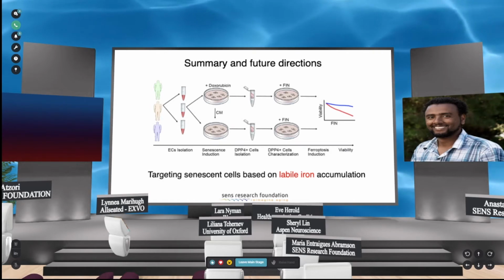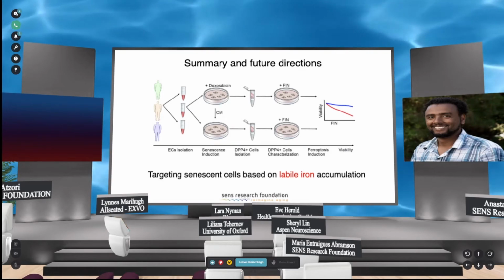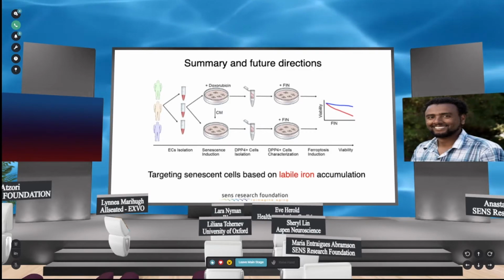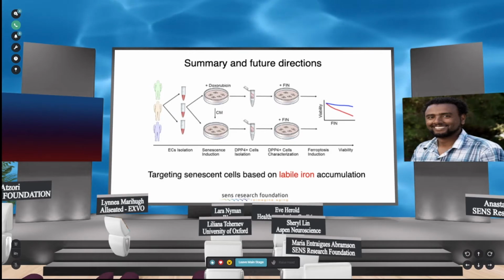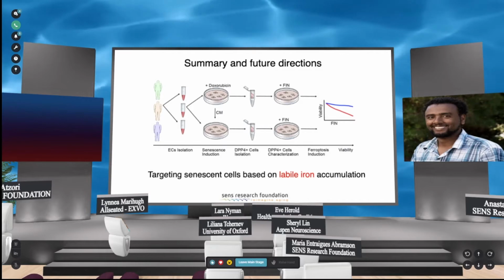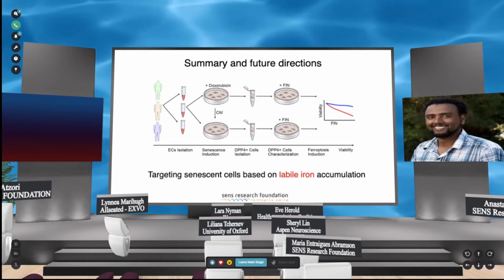Then we did RNA-seq, and we found ferroptosis as a potential senolytic target, and we confirmed that at least one of the ferroptosis inducers effectively kills senescent cells with minimal effect in non-senescent cells.